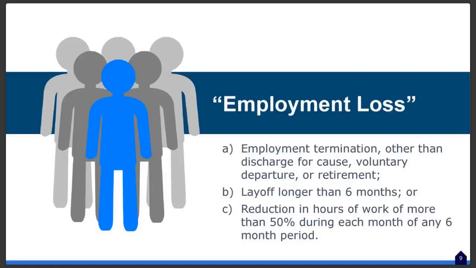So if a factory goes from operating so that everybody works 40 or 50 hours a week down to a point where everyone works 20 hours a week indefinitely, to last more than 6 months, then that would qualify as an employment loss. And it doesn't matter if it's everyone in the factory, but in each case where that would be the reality, that would qualify as an employment loss for WARN purposes.